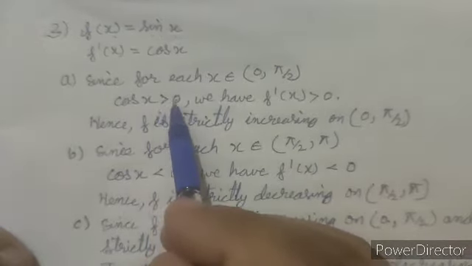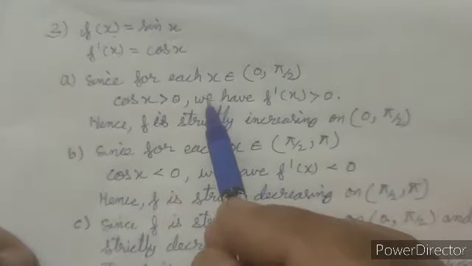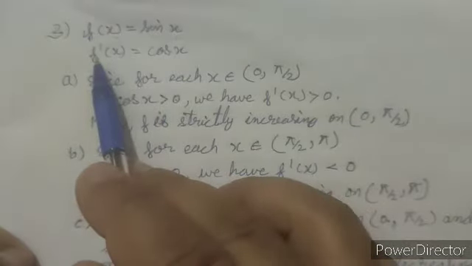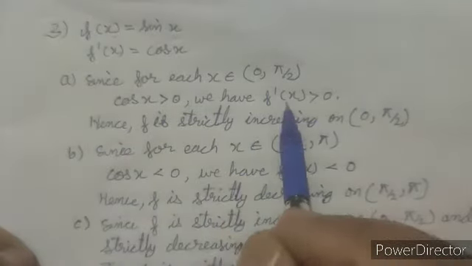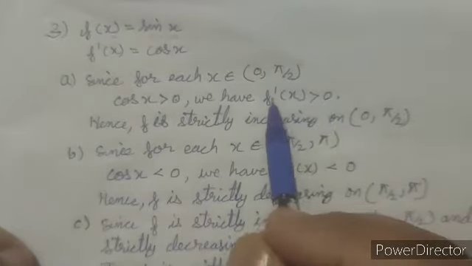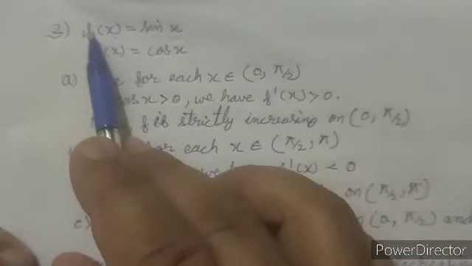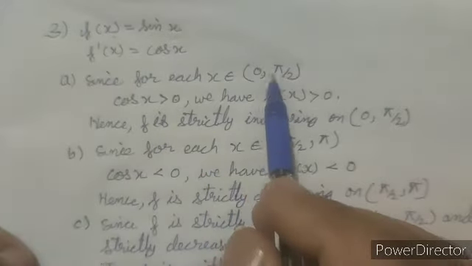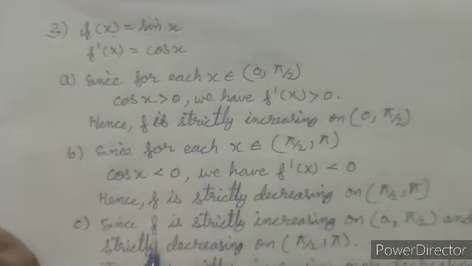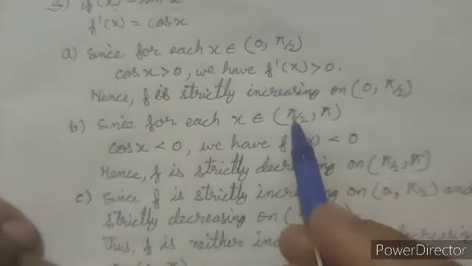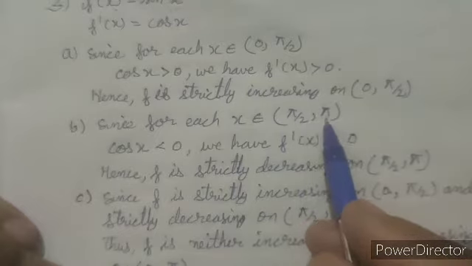So we have f dash x is greater than 0. Now if f dash x is greater than 0, that means function f is strictly increasing in interval 0 to pi by 2. Now in B part we have to check whether the function is increasing or decreasing in interval pi by 2 to pi.